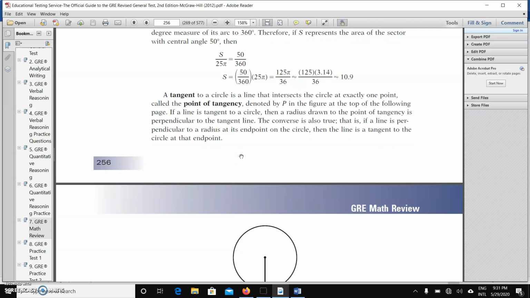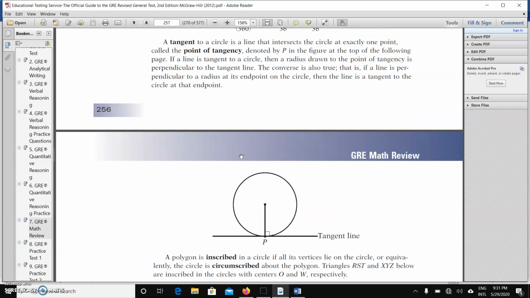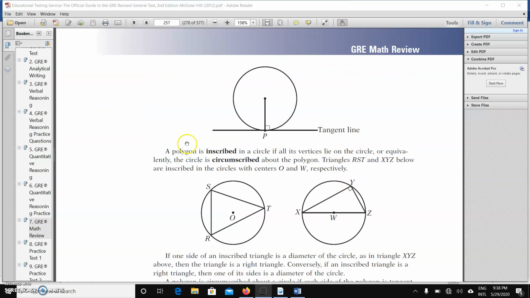Now, a tangent of a circle. A tangent of a circle is this line that is drawn on the circle. This point P signifies the tangent. So trace from the center, from the middle, a radius drawn down like this. It meets a line drawn outside. So this is a tangent line, because this is a point.